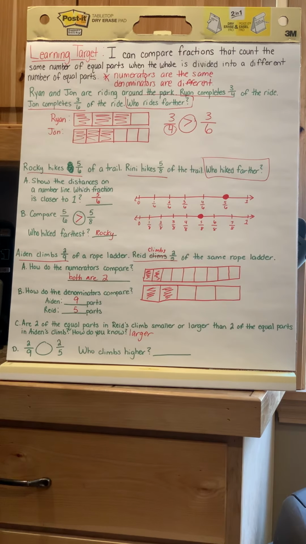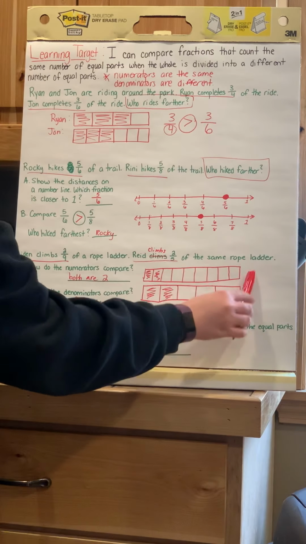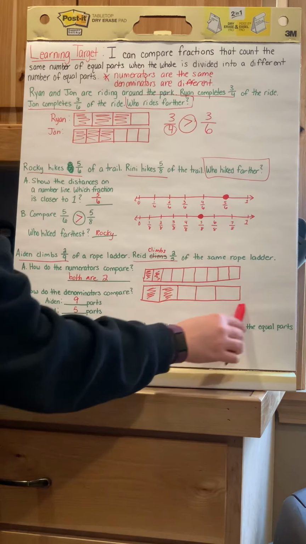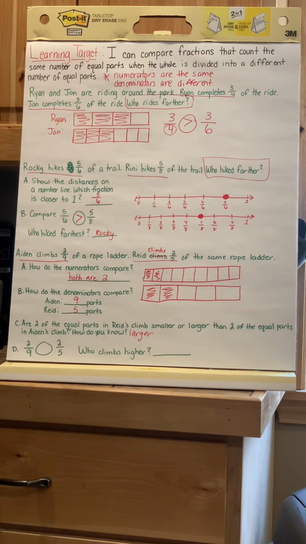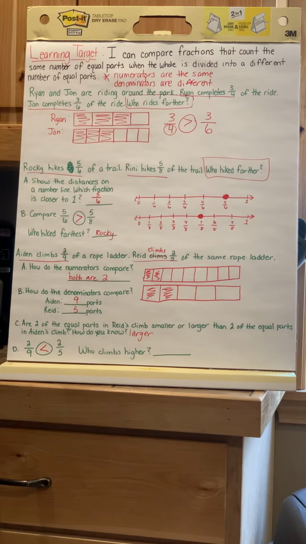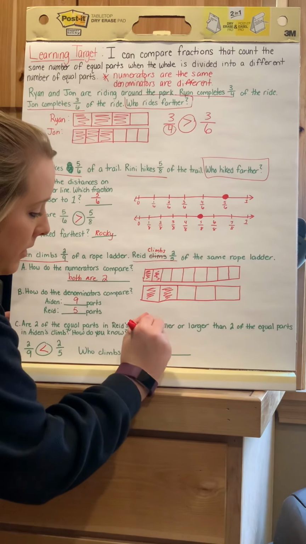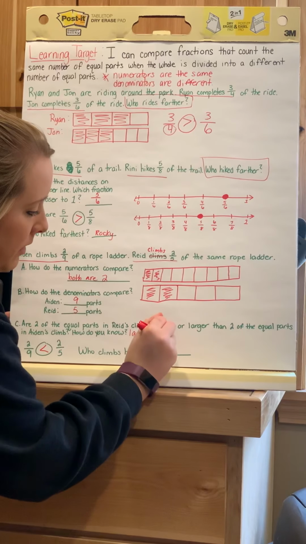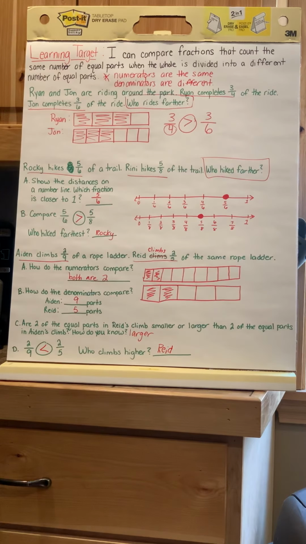So, 2 ninths and 2 fifths. Here's my 2 ninths. Here's my 2 fifths. Which fraction is bigger? 2 fifths. So 2 ninths is less than 2 fifths. So who climbs higher? Reed.